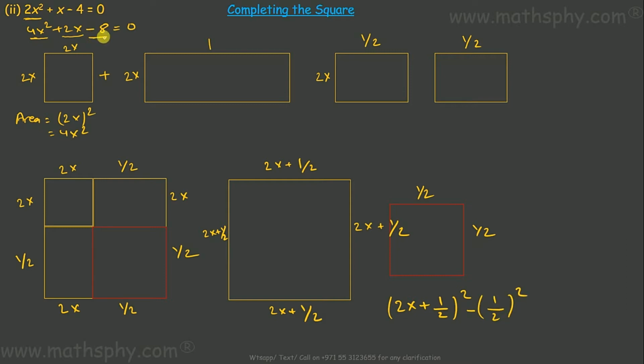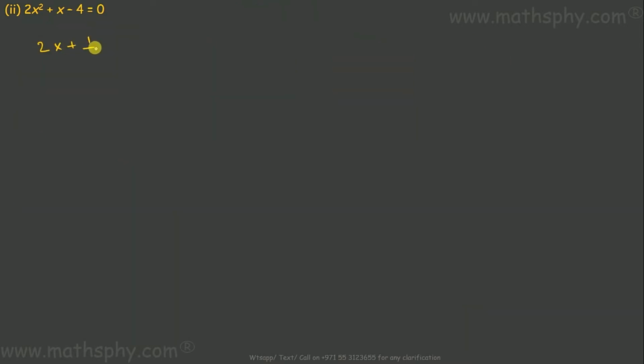This negative 8 is sitting idle here. Let's put this back into action. This is my new equation here. If I solve for x, the values of x will be roots for this equation. Now let's solve this equation here. 2x plus 1 over 2 whole square minus 1 over 2 whole square minus 8 equals to 0.